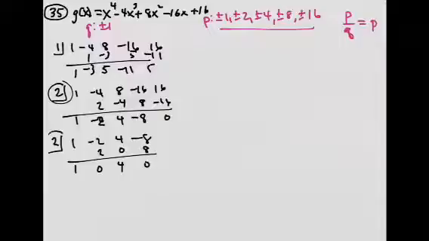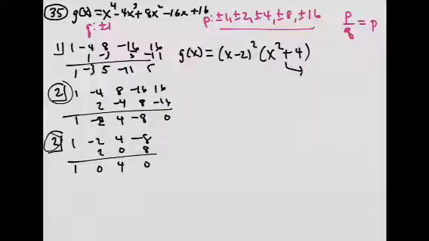So here we found it. So this means that g of x is x minus 2 squared, because there's 2 of them, and then x squared plus 4. So this being the sum of 2 squares right here, we're going to do what we did in previous problems, where you think of this as x squared minus a negative 4, and then you look for the square root of negative 4, which is 2i.